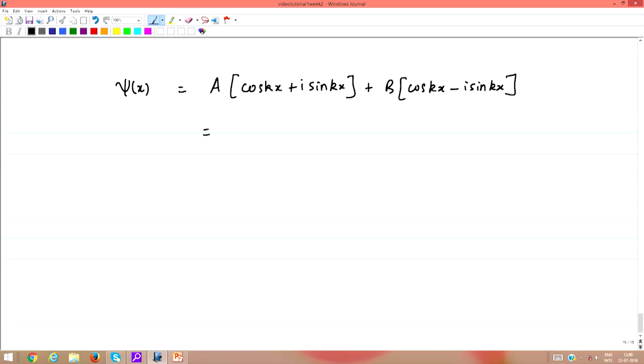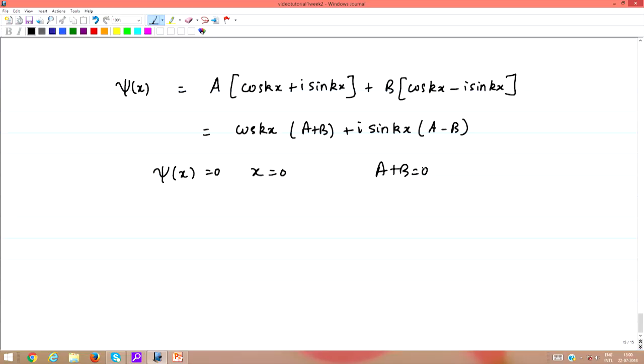So, what you have is this is cos k x times A plus B plus I sin k x times A minus B. Now, the conclusion is that psi of x should be 0 at x is equal to 0, which implies that when x is 0, cos k x is 1. Therefore, this gives you A plus B, and this is 0. Therefore, A plus B is 0, or A is equal to minus B.